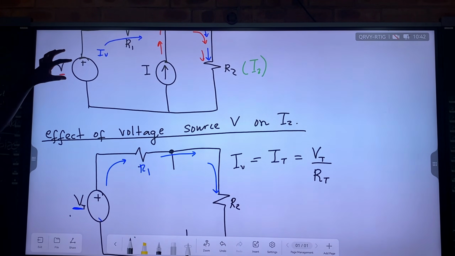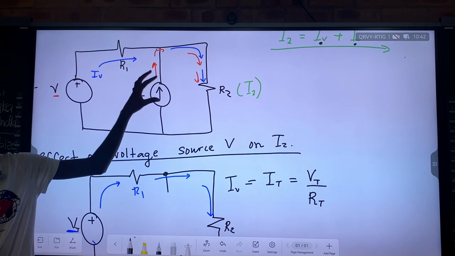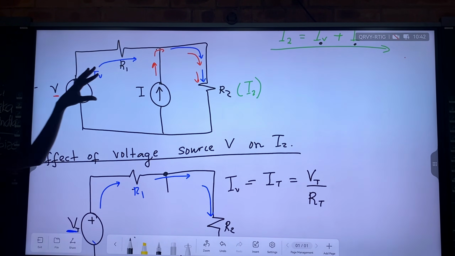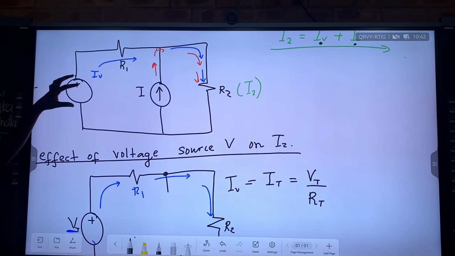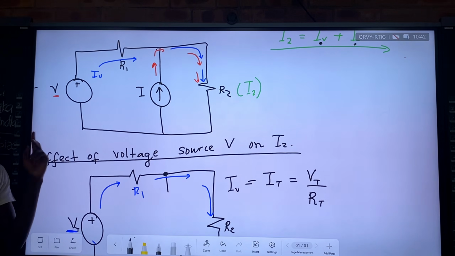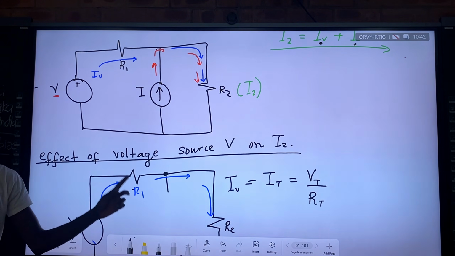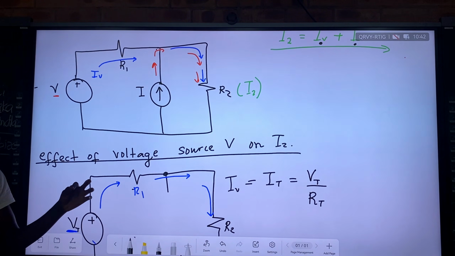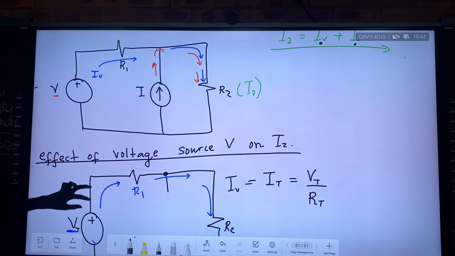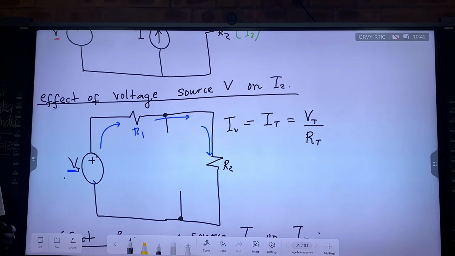So now we want to remove the voltage source, so that we remain with the current source alone. We want to remain with the current source alone, so we are going to get rid of the voltage source. How do we do that? When we get rid of a voltage source, we don't open a circuit. Okay? We don't open a circuit, because if you open a circuit, there is still voltage in an open circuit.